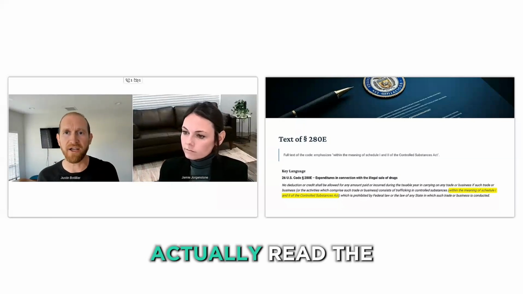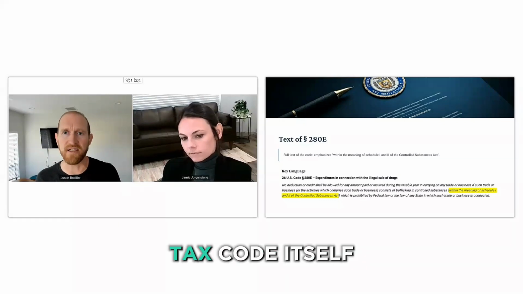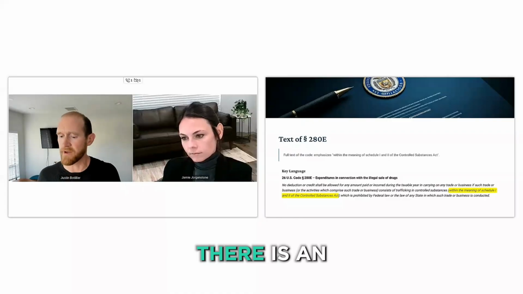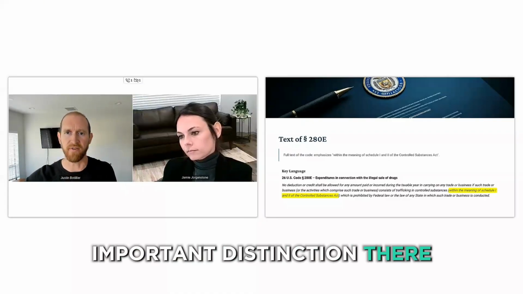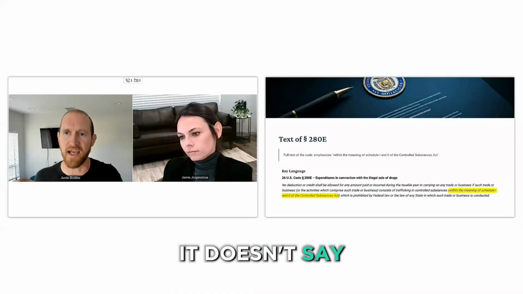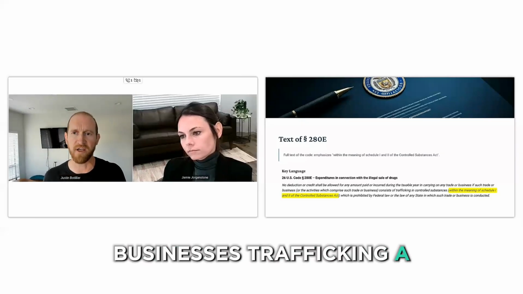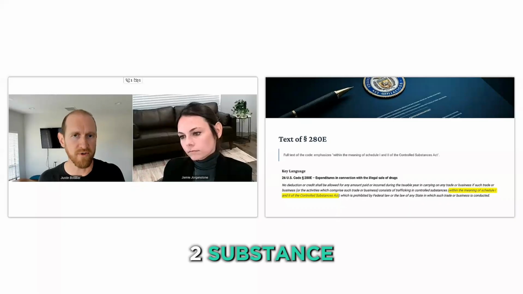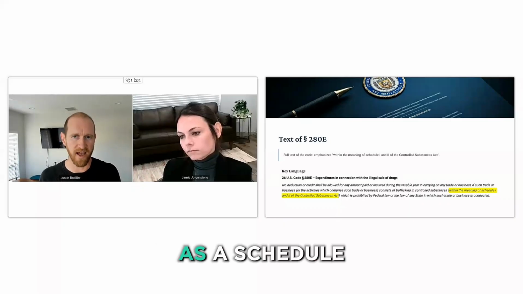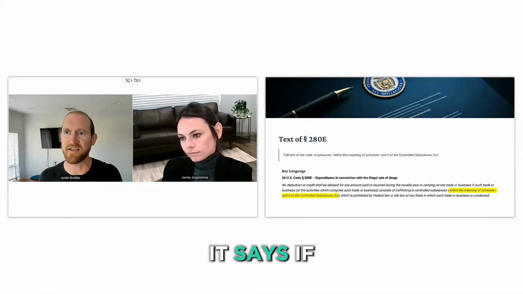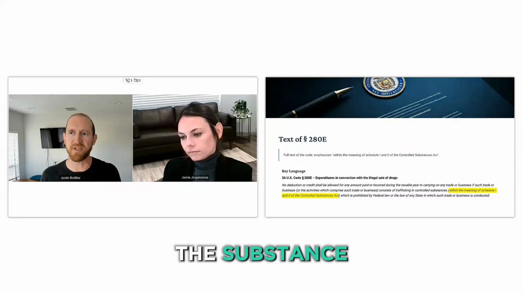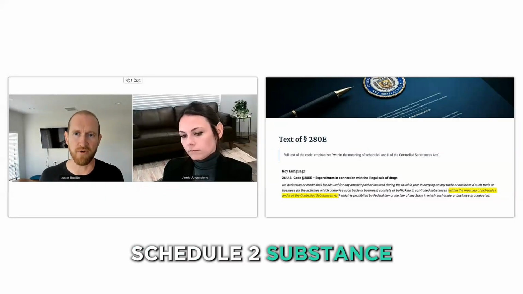But if you actually read the tax code itself, there's an important distinction there. It doesn't say that 280E applies to businesses trafficking a substance that is classified as a Schedule I or Schedule II. It says if the substance fits within the meaning of a Schedule I and Schedule II substance.